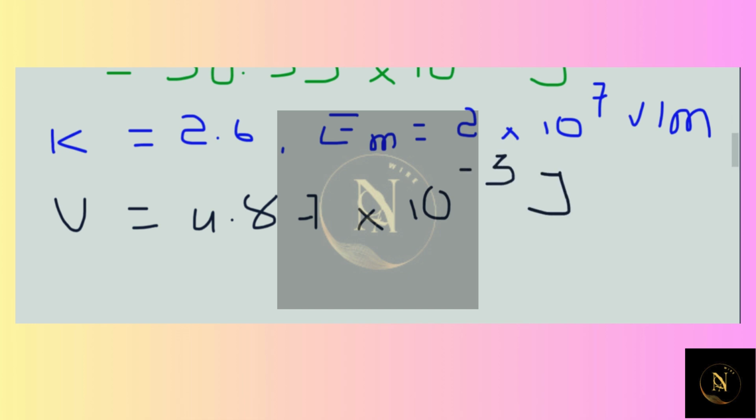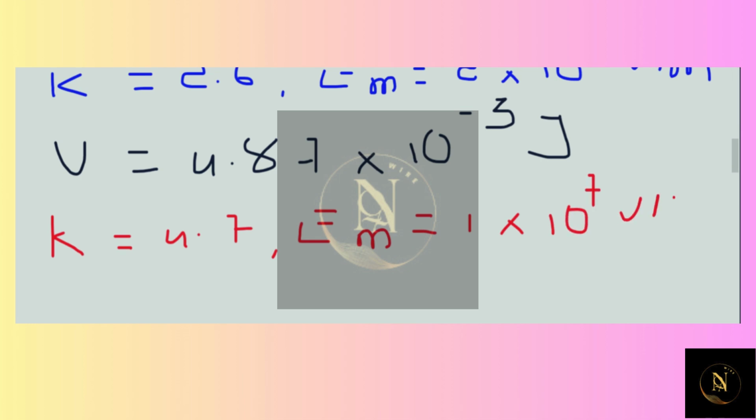Now, in case of Pyrex, K is equal to 4.7 and EM is equal to 1 into 10 to power 7 volt per meter.